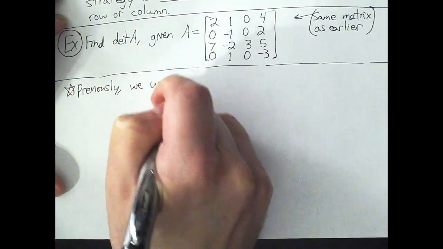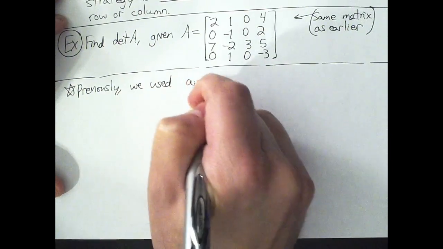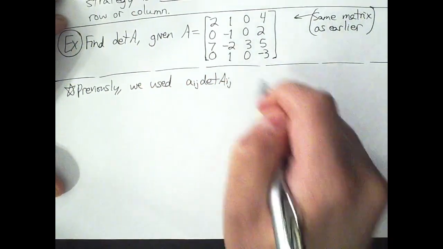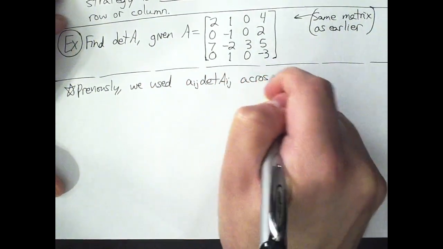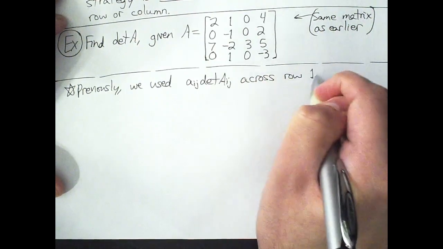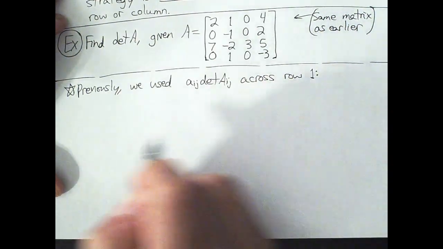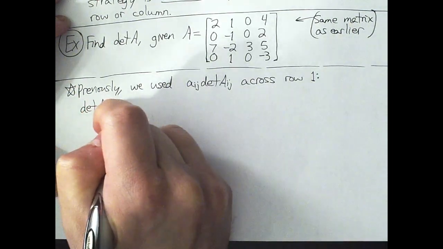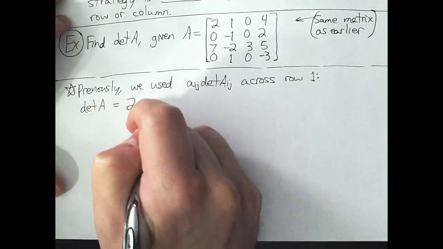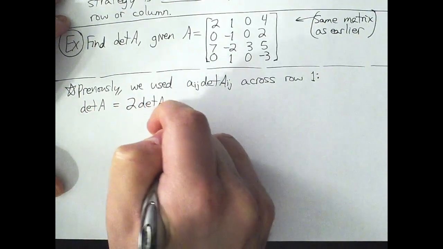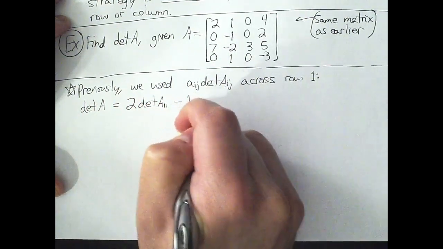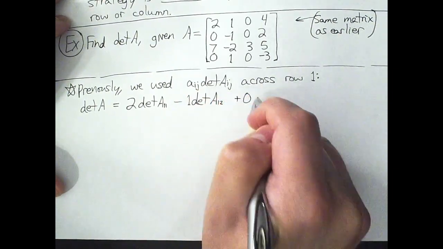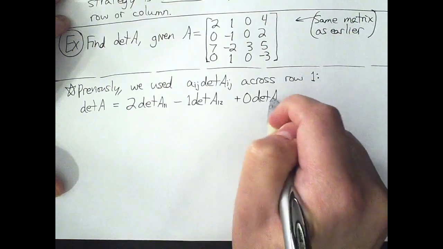Previously, we used determinant Aij, in other words, the ij cofactors, across row 1. Why did we use row 1? Because that's what the definition told us to do. The definition of the determinant has a bunch of 1s in it. And we did determinant A11 minus 1 determinant A12 plus 0 determinant A13.